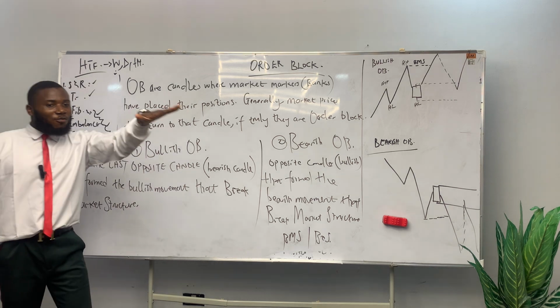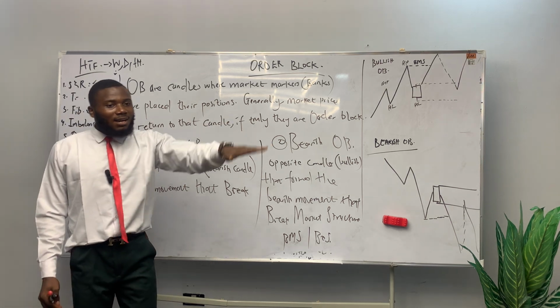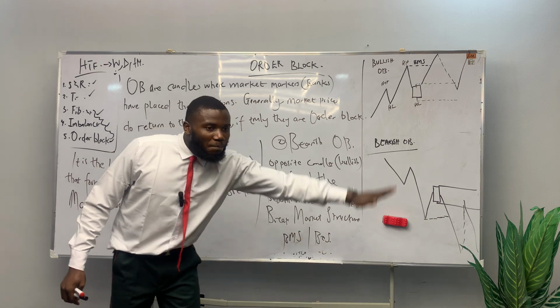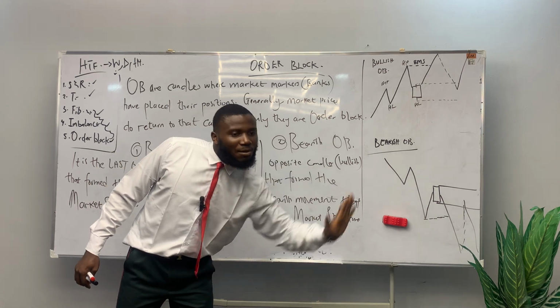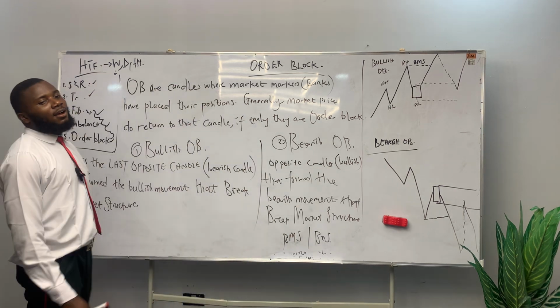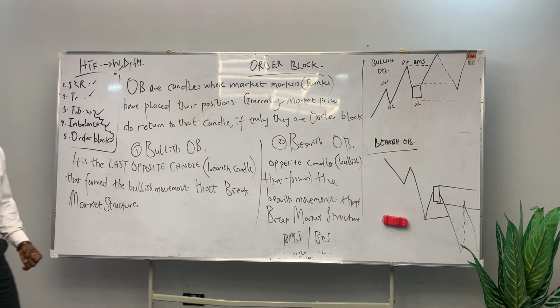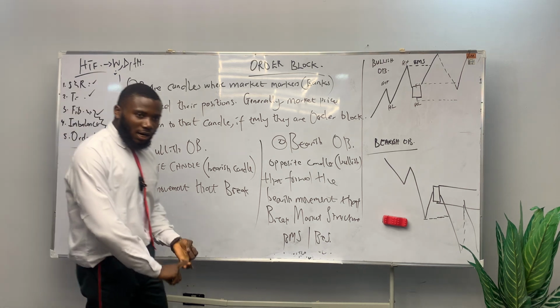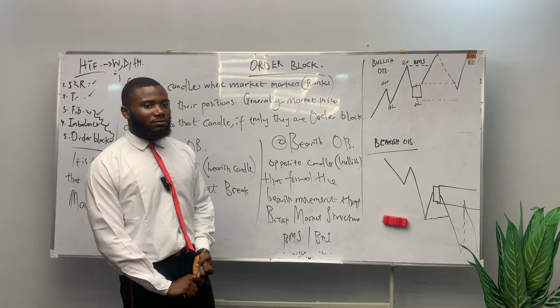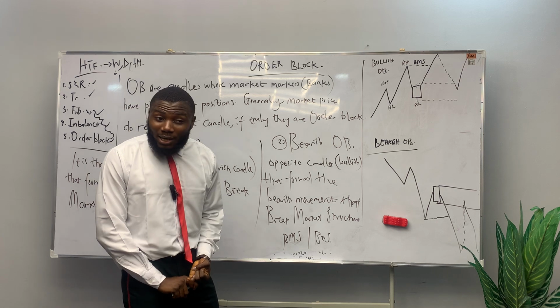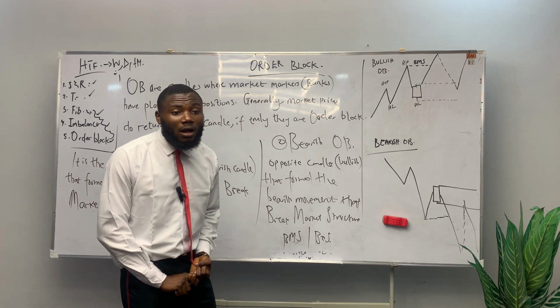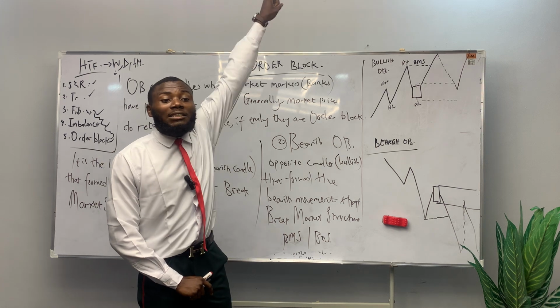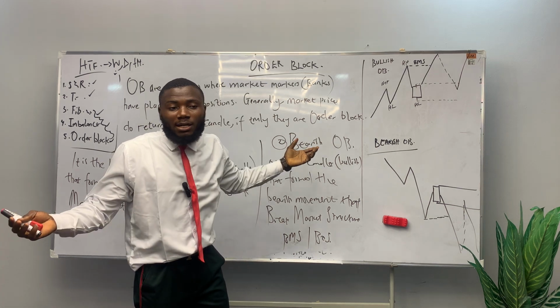So it means your fib, your imbalance, and your order block are in the same place. Do you get? So you can use your fib with your imbalance, because imbalance can occur anywhere. It can occur at the top.